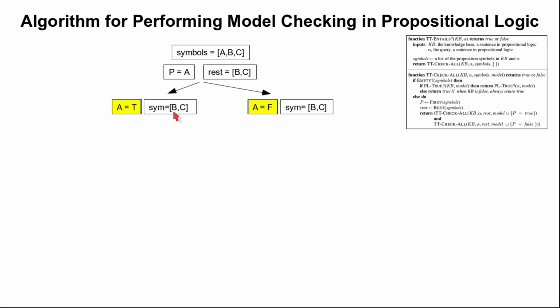In this call our list of symbols is BC, and since this list is not empty, we will go to the else part, and in the else part we take the first of the symbols. For this call the first of the symbols is B, and the rest from this list is C.